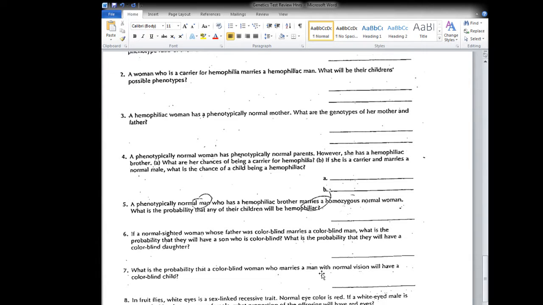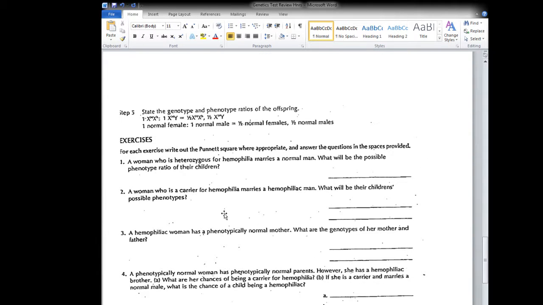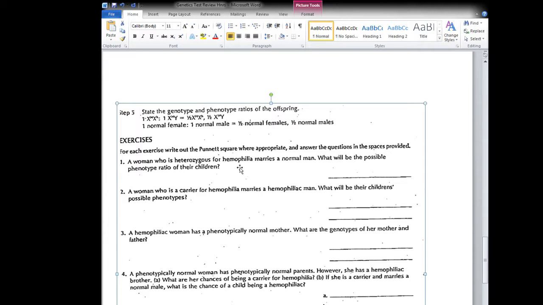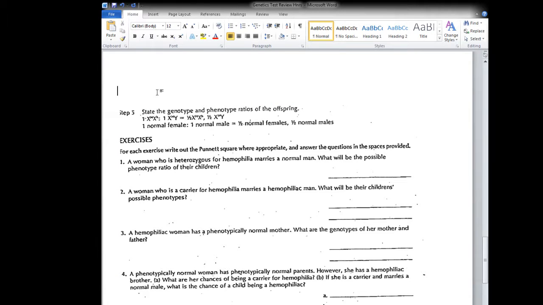I know people had a lot of questions about sex-linked trait stuff, so I figure that's as good a place as any to maybe go over some stuff while I wait for people to maybe or maybe not show up. Okay, good. Just making sure that I don't have that echo.